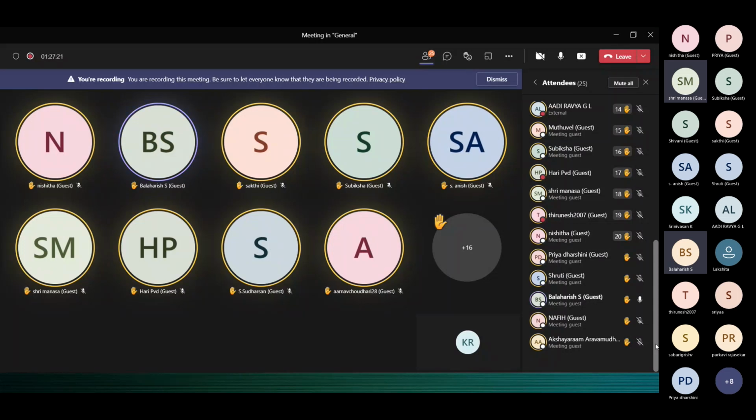Nafi and Akshay Ram. Nafi, I can't hear you, but your microphone is unmuted. Please send your classwork. Akshay Ram, please send your classwork.